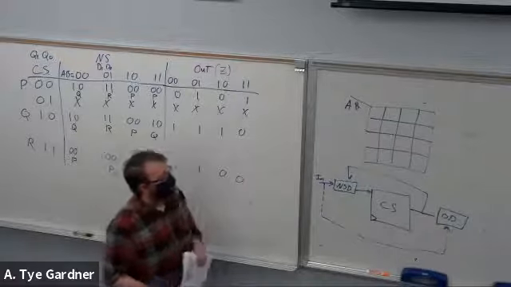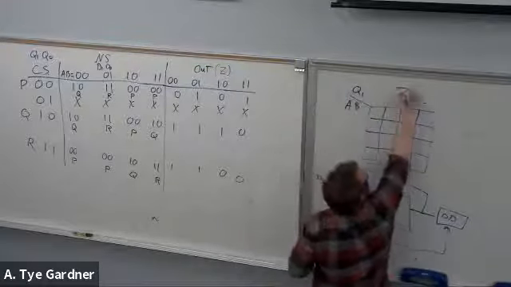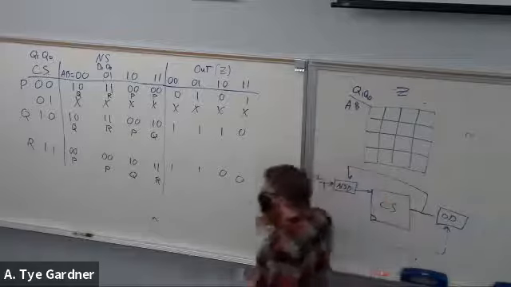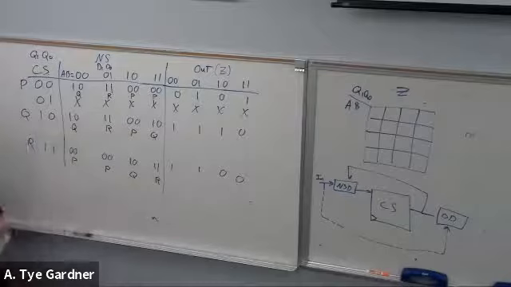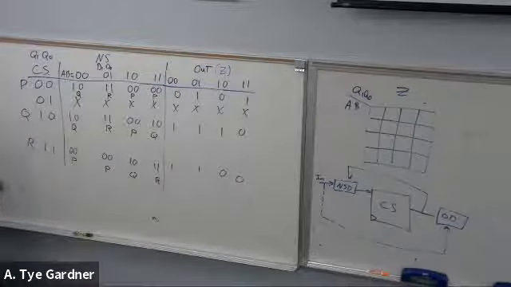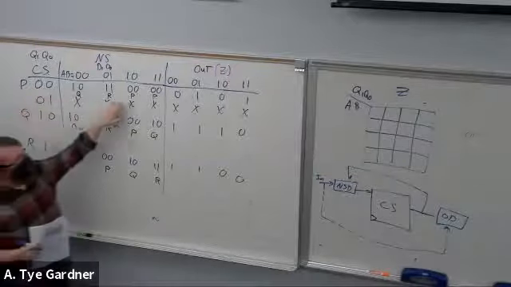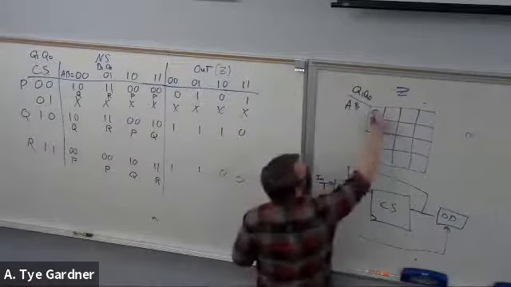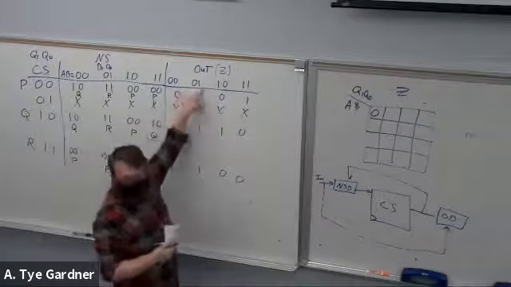Okay, so this is our map for Z, the output. The way I do this is I just look at the table. If my Q1, Q0 is 0, 0 and my input is 0, 0, I get 0, right? Now I've got 0, 0, 0, 1.